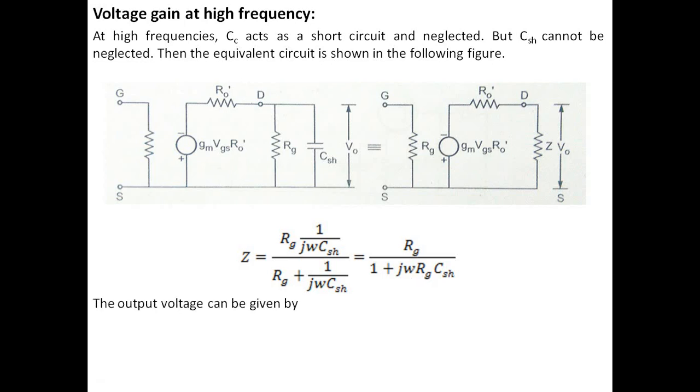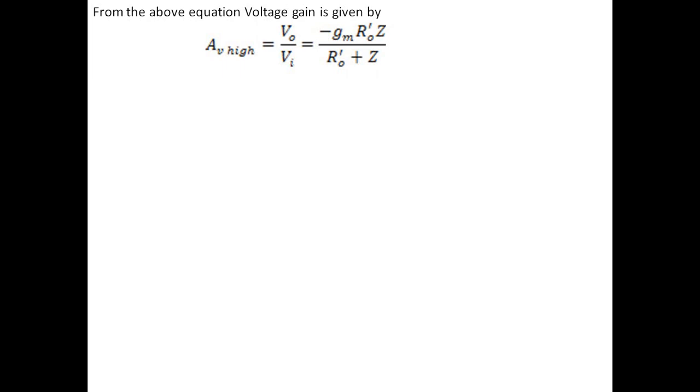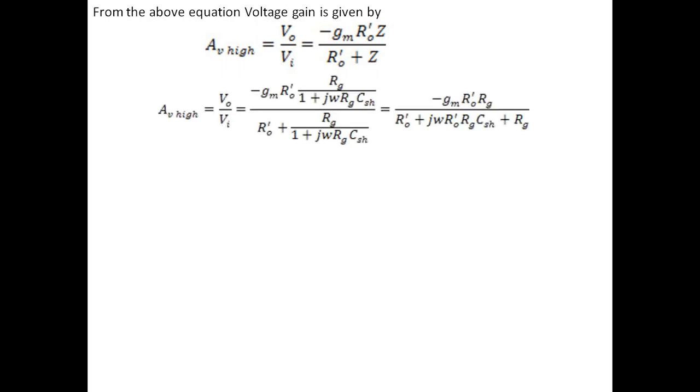Now write the formula for V0. V0 is equal to minus Gm VGS R naught dash into Z divided by R naught dash plus Z. Substituting Z, the parallel combination of Rg and CSH, and simplifying, we will get minus Gm R naught dash into Rg divided by R naught dash plus Rg plus j omega R naught dash Rg CSH.